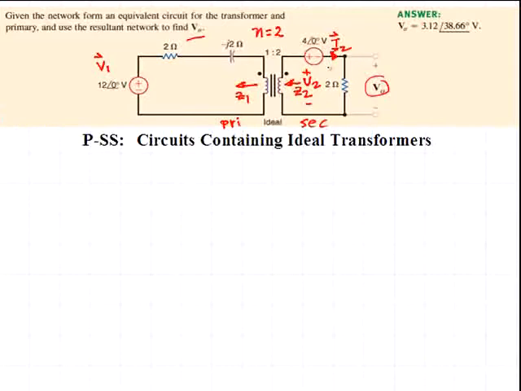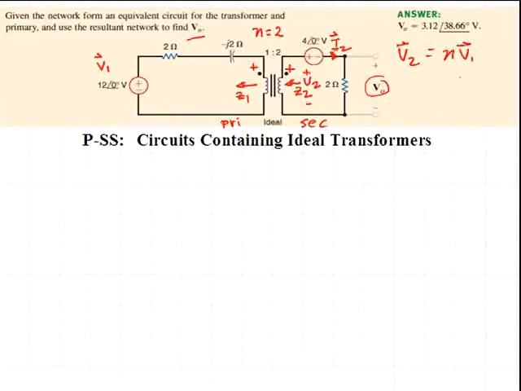Since the V1 and V2 labels both appear to be positive at the dotted terminal, we'll have the relationship V2 is equal to the turns ratio N times the voltage on the primary side V1.